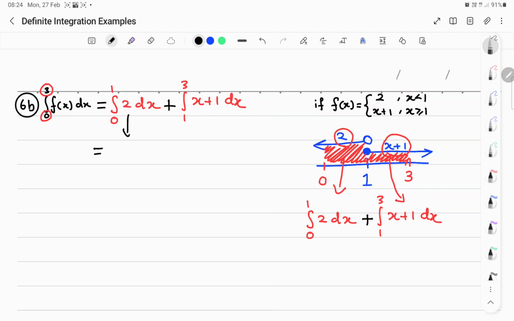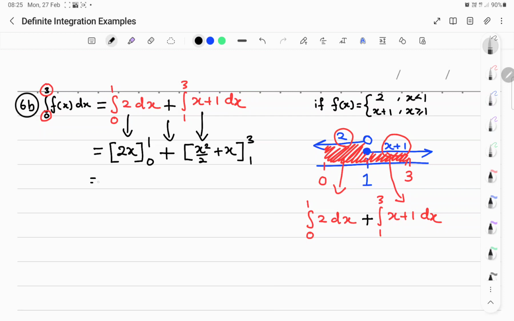So 2 integrates to become 2x, and then put everything in a box with the upper limit and lower limit, and then the plus carries forward. Now we integrate x to become x squared over 2. We integrate 1 to become x over here. And then we close everything with a box with the upper limit and lower limit.